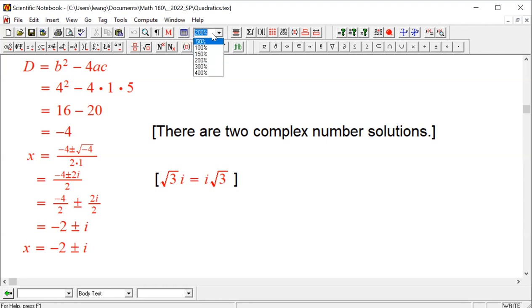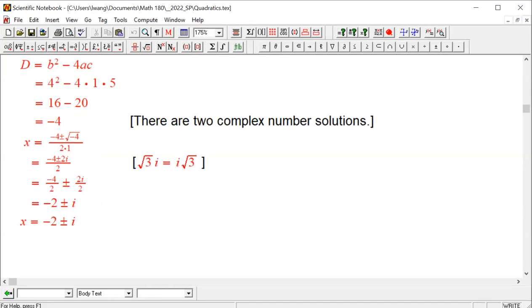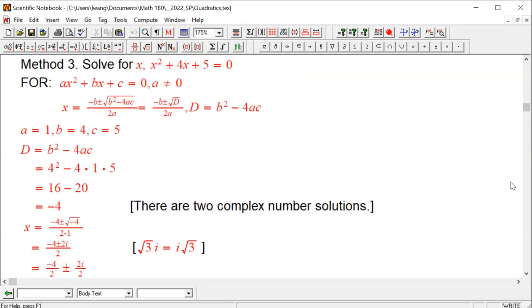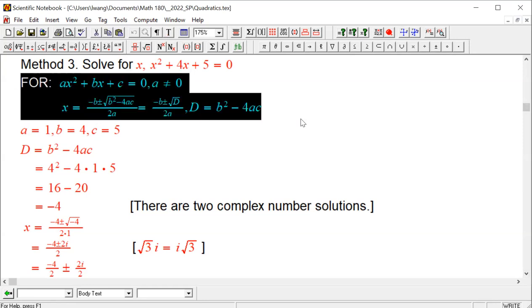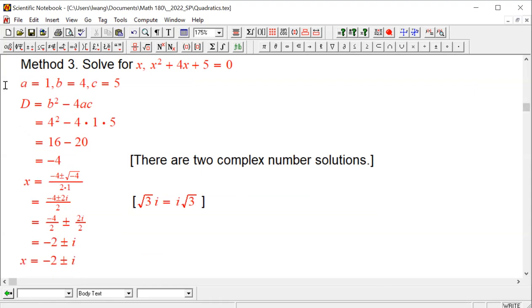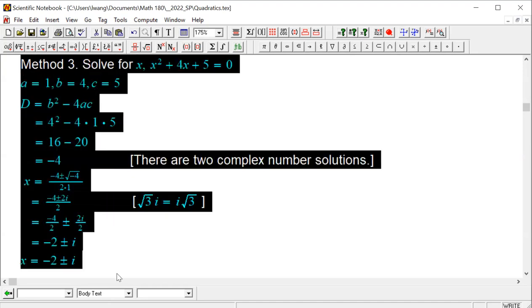Let's go back to the smaller font and look at the entire question being solved. I would probably remove these. That's the work you will show.